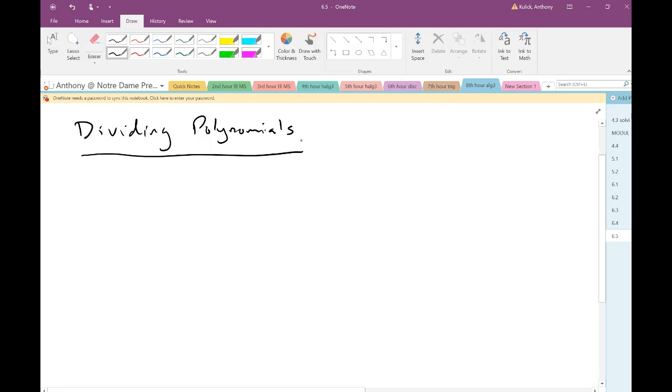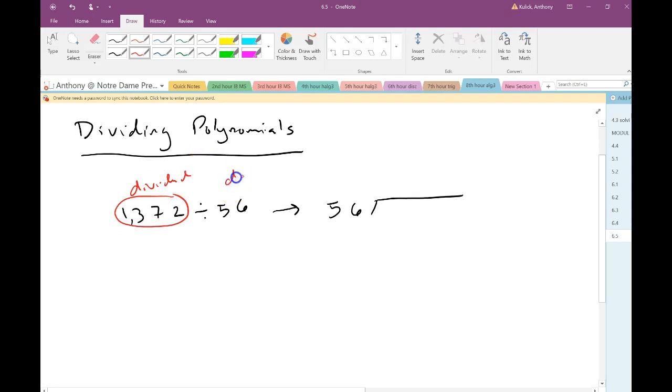So let's go back in our time machine to middle school or earlier and say we wanted to divide 1,372 by 56. Okay? And we're going to do this by hand. So the way we do that is we take the dividend, that's this number, and the divisor, that's this number, and we write them in this fashion.